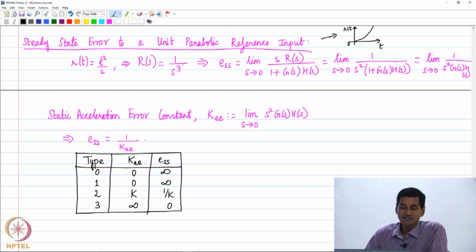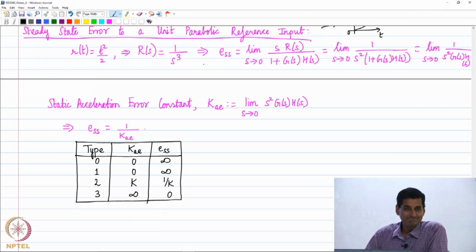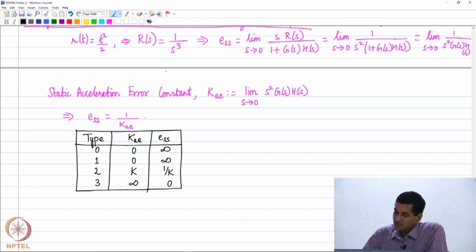That's how a unit parabolic input is defined: the time domain function r of t is t squared by 2. Of course, since we are dealing with linear systems, you can still consider t squared, and you will just have a factor of 2. So it doesn't matter.